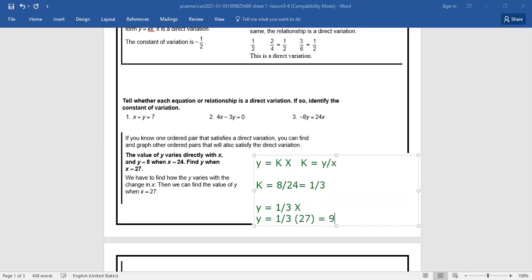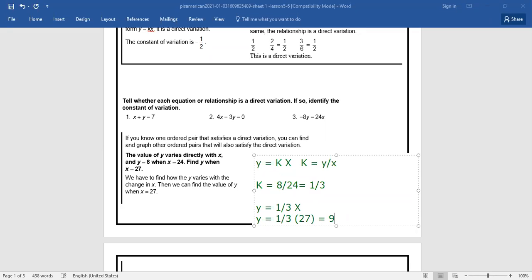So again, he said at the beginning that the value of y varies directly as x. Then y equal kx and k equal y over x. So the first step, we have to find the value of k, which is the constant value. We use the first y in the question and the first x in the question, so it's 8 over 24, which in simplest form is 1 over 3.